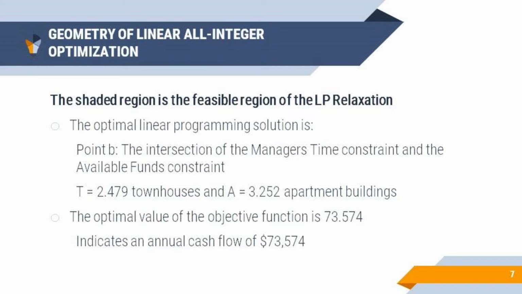Because we need integers. We can't buy 2.479 townhomes or 3.252 apartment buildings, because it has to be a whole number. If we could, then the optimal cash flow would be 73,574.